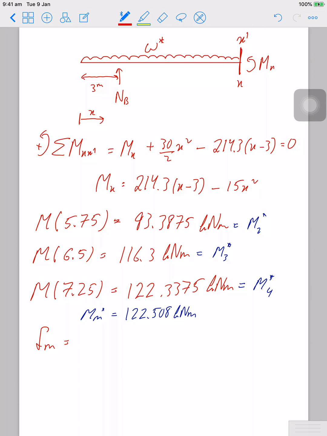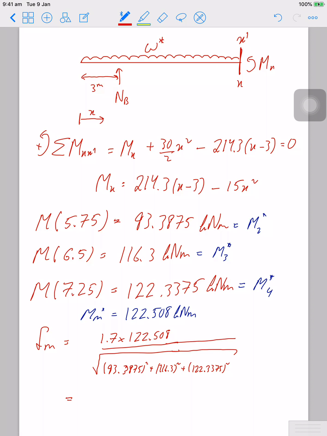So we find our alpha m, to 3.3875 squared. You should get an alpha m of 1.08.